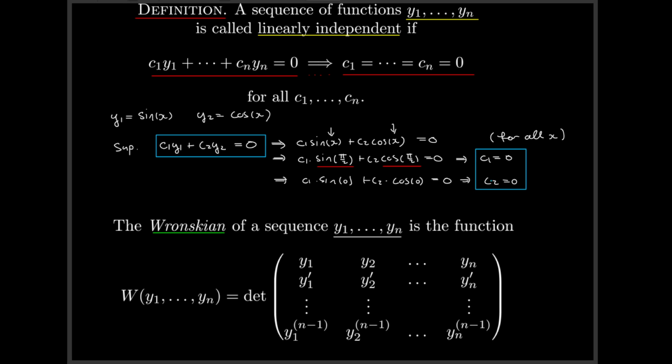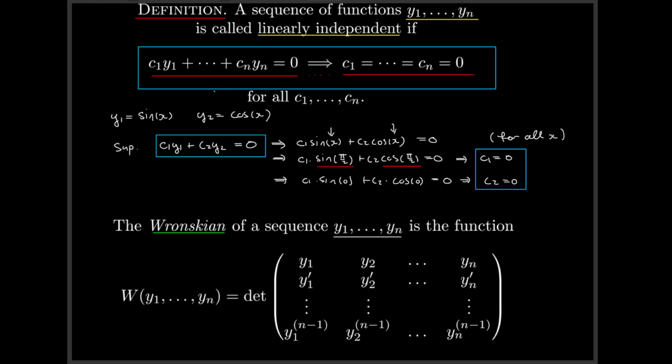For that reason, this implication holds, and that validates that these are in fact linearly independent functions. Okay, so that's a bit of a technical thing to do every single time, but this begs the question: is there a simpler way for determining whether a sequence of functions is linearly independent?